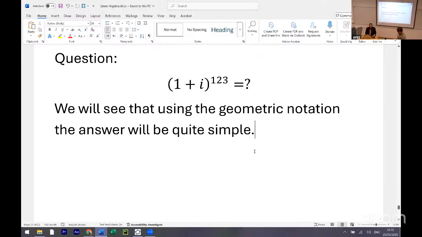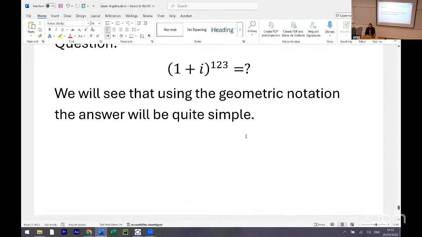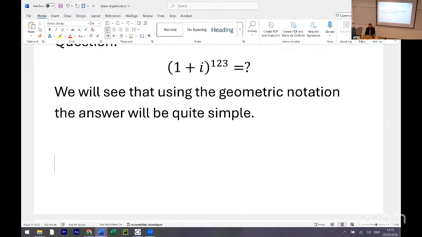So I promised you before the break that we'll see how the geometric notation will help us calculate, among other things, a large power of a complex number, and now we will see why.